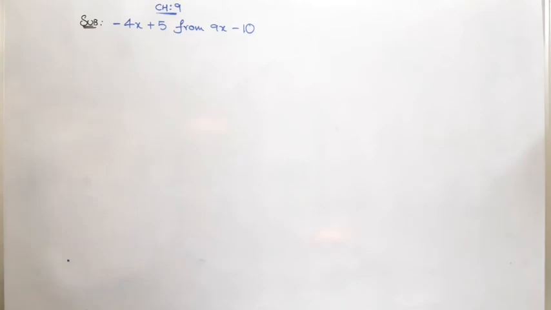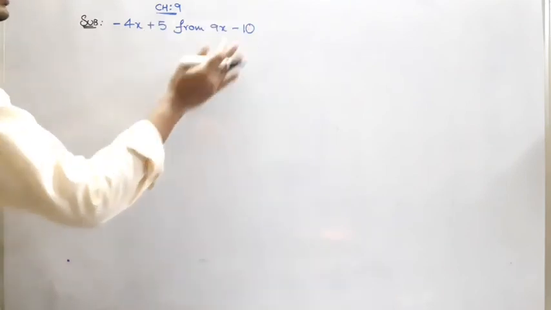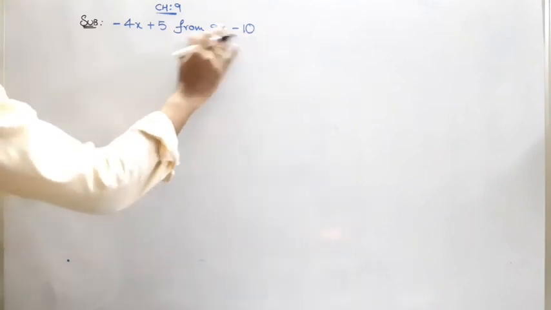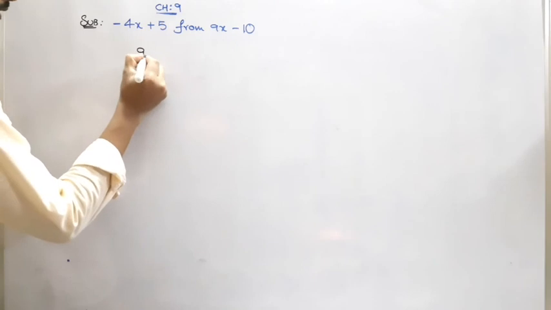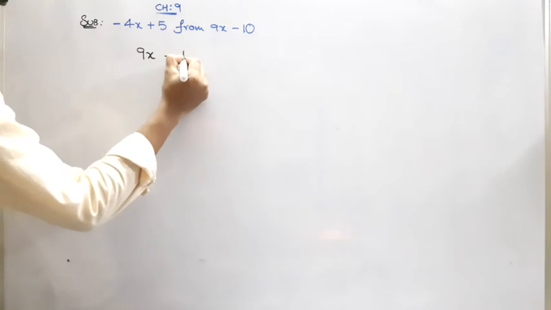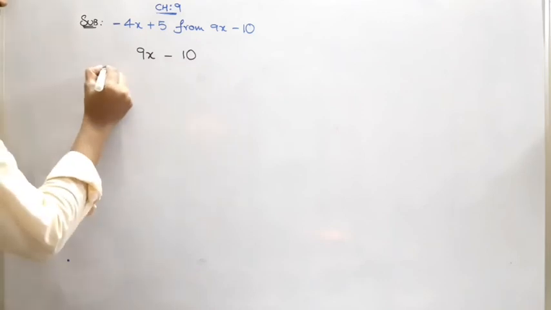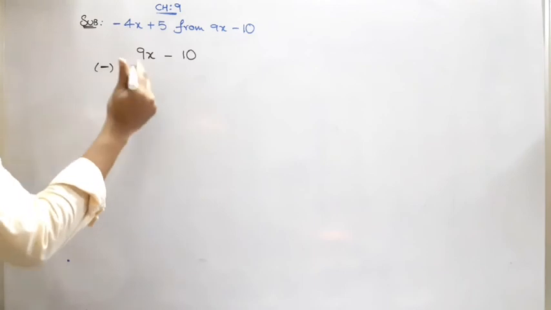Now the subtraction of algebraic expressions, children. Subtract minus 4x plus 5 from 9x minus 10. Okay. So as you know, while we are doing subtraction, the expression which comes after 'from' will come first. So 9x minus 10. Okay, we have to do subtraction, so minus, and what is the first term?